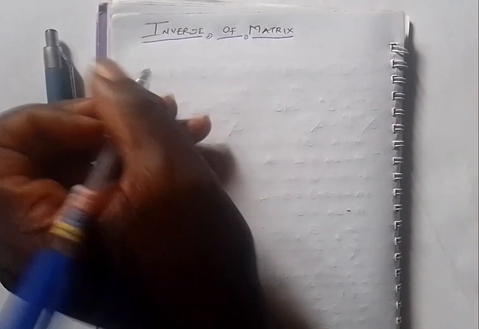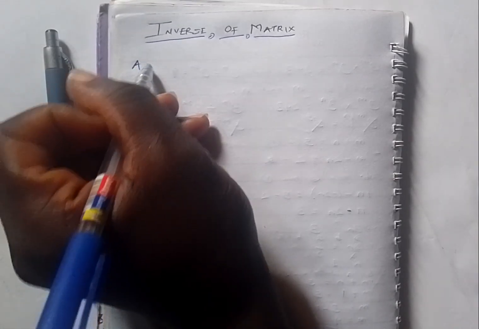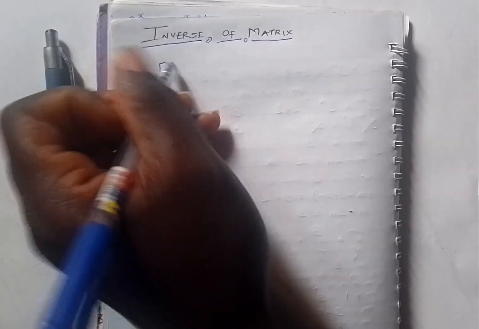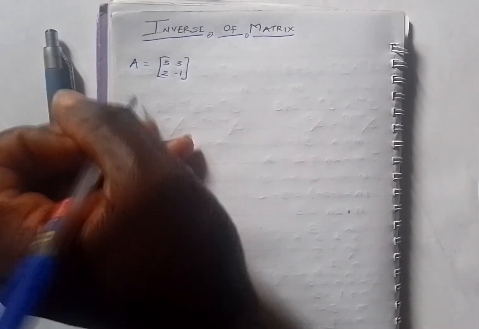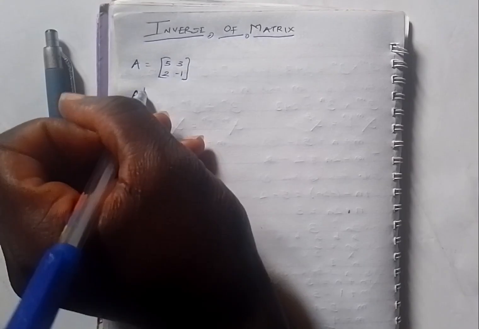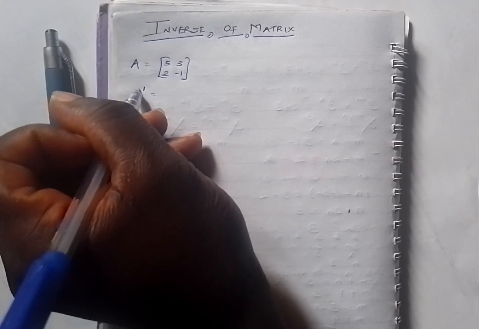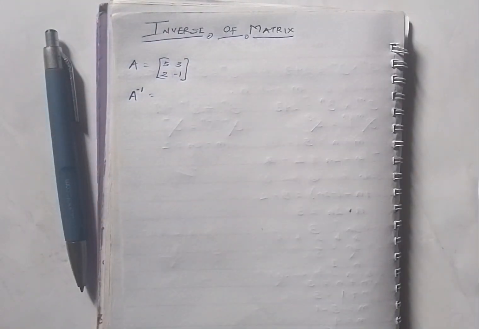So for inverse of 2 by 2 matrix, if you have a matrix of this form, say the matrix A is equal to, for a 2 by 2, so let's take for example, let's say 5, 3, 2, minus 1. The inverse of a matrix. So the inverse of the matrix is meant to be, the symbol is raised to power minus 1 on top of the main matrix.